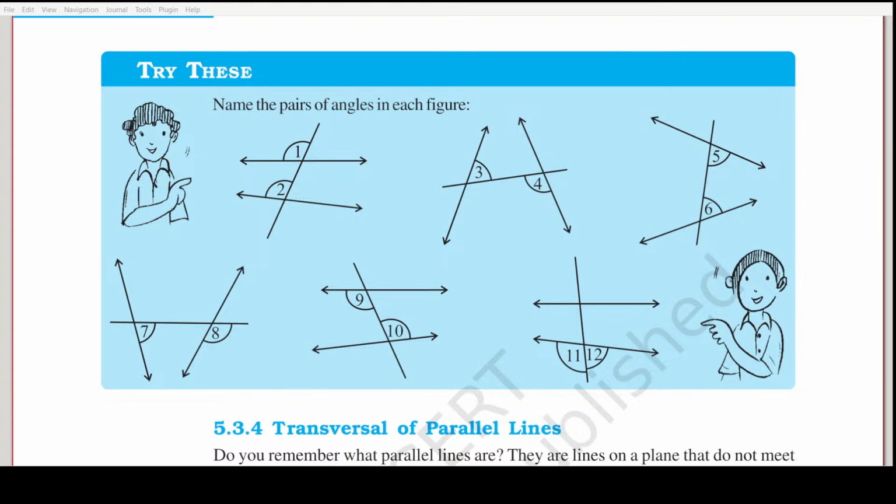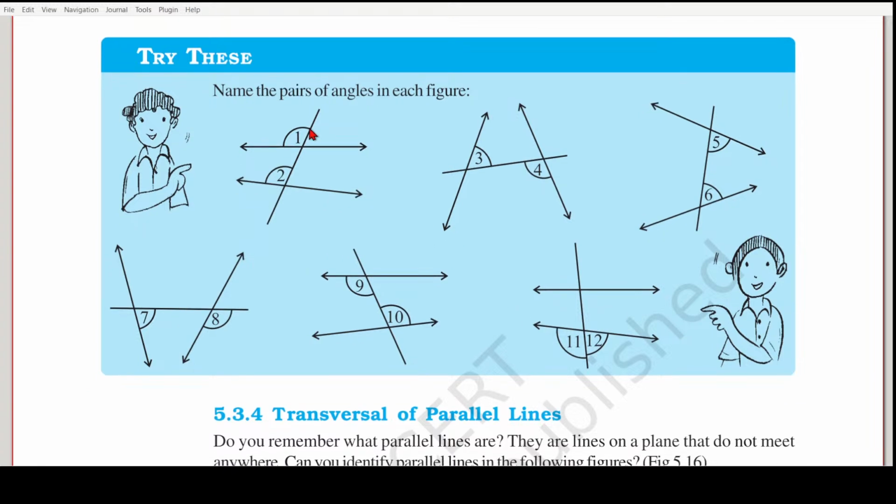1 and 2 are the interior angles. Interior, fine, but what type of interiors? I think they are alternate.